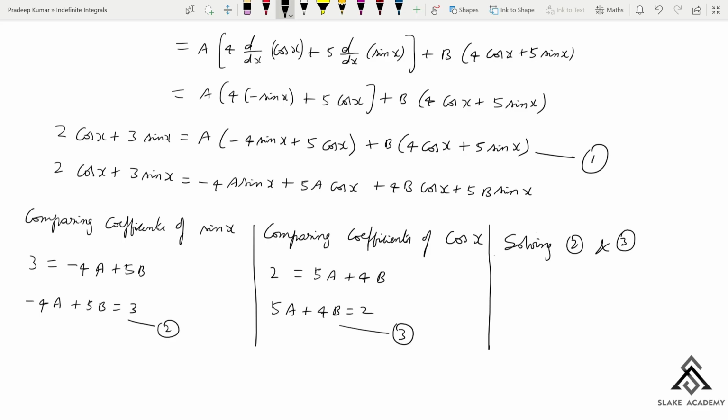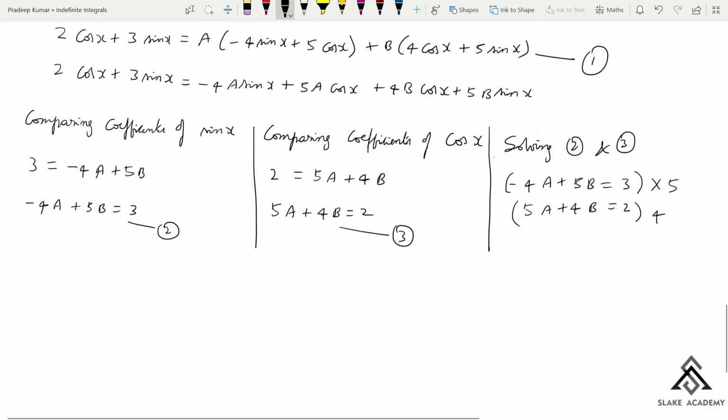What is the second equation? Minus 4a + 5b equal to 3, and this is 5a + 4b equal to 2. Neither the a values nor the b values are equal in the two equations. So we multiply this equation by 5, and this equation by 4, and let's see what we get.